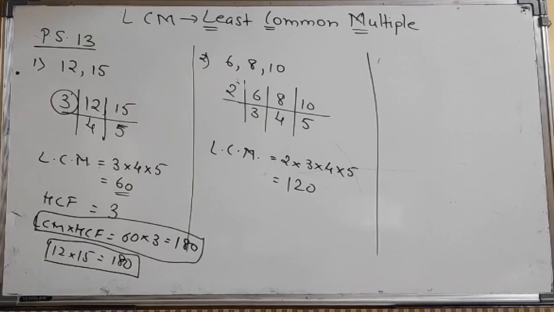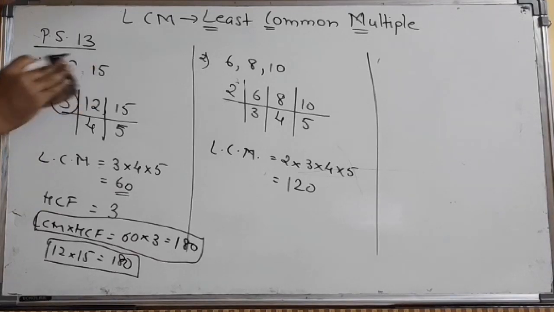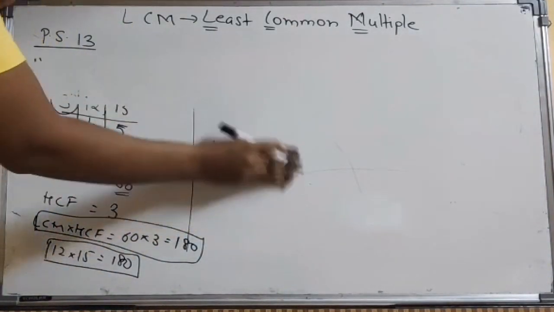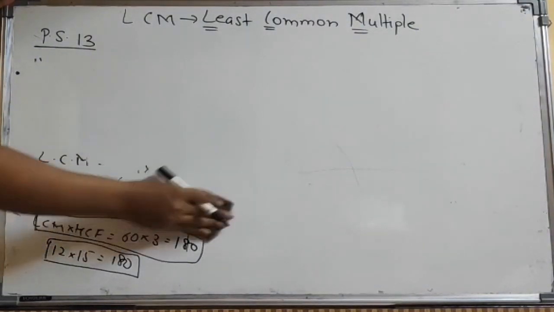Okay students, now let us move forward and solve sums from your practice set 13, question number 2. You have to find the HCF and LCM of the given pair of numbers, and you have to verify the result also. So I'm going to solve sum number 3.